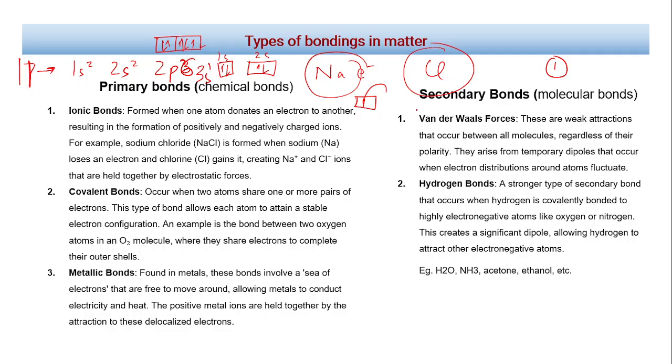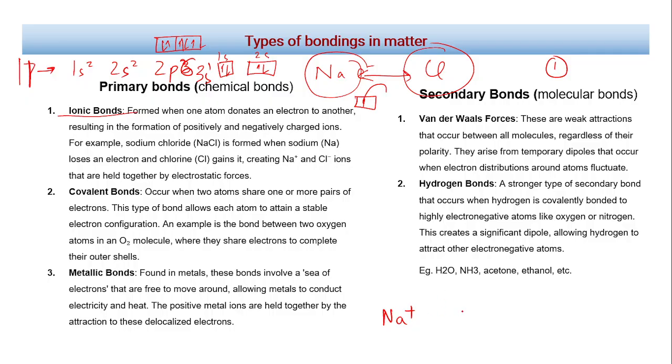So chlorine wants an extra electron, and sodium wants to give off an extra electron. When these two atoms are together, they tend to form this ionic bonding. Because when Na gives off its extra electron, it changes to Na plus. Otherwise its positive and negative charges were balanced, but now that it has given away its electron, it has an extra positive charge.